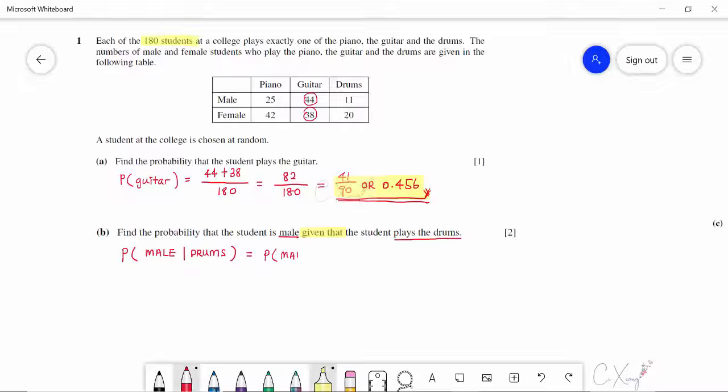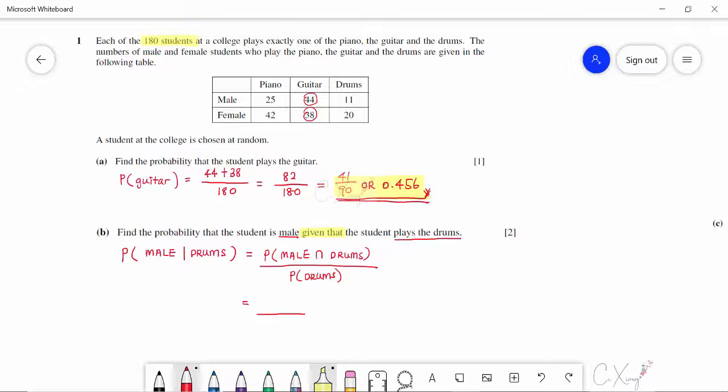Therefore, when you want to find the probability, you need to write out the formula in a proper way. It should be the probability of male intersect with drums, divided by the probability of the students playing drums.